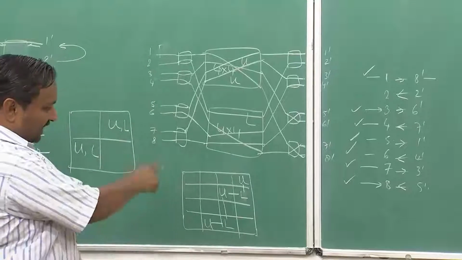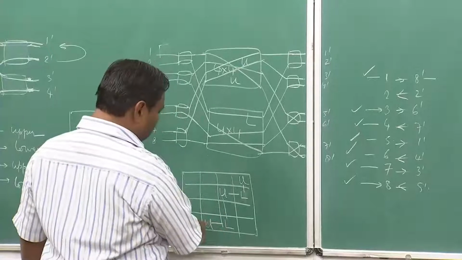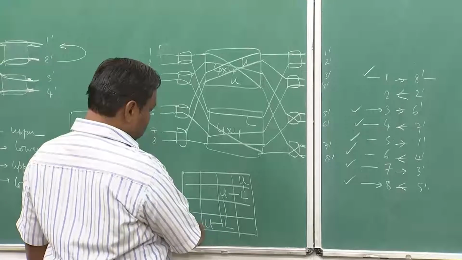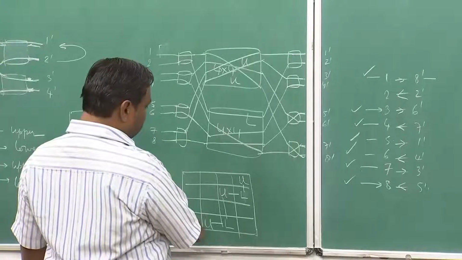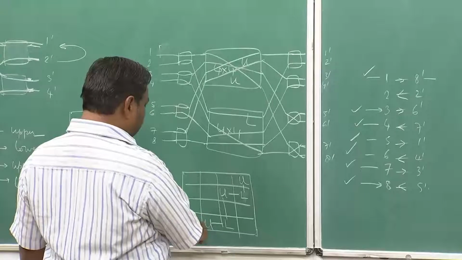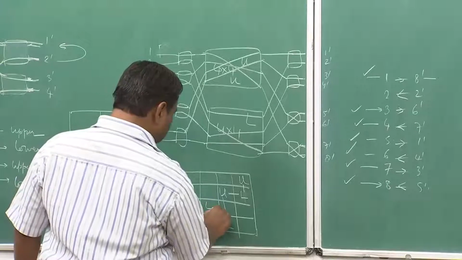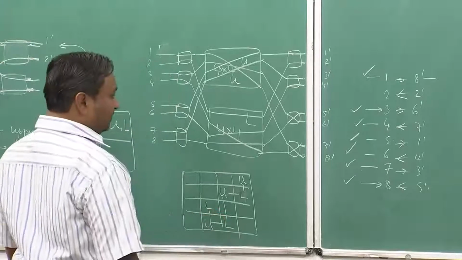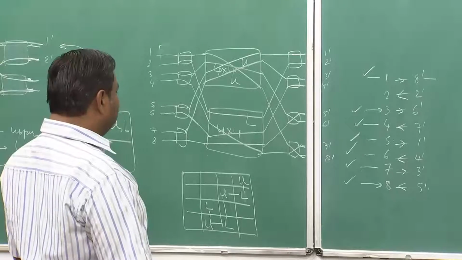You see I am actually making a chain, that is what the loop is. So, 7 to 3 prime, then comes the 6 to 4 prime. So, 6 will come here, 4 prime here, so lower. So, I am coming here, and then 5 to 1 prime.